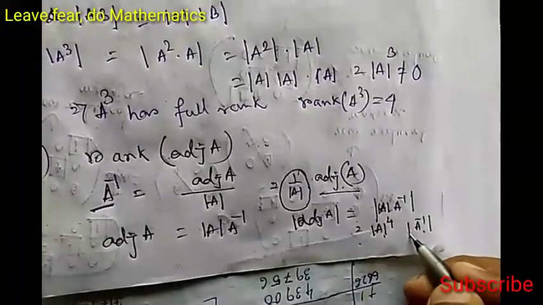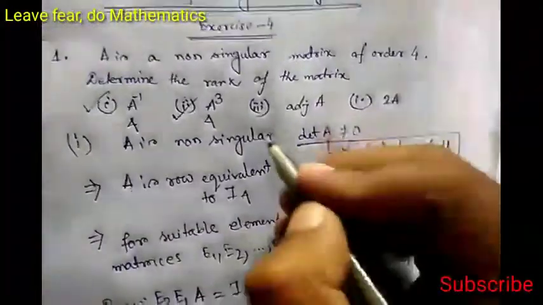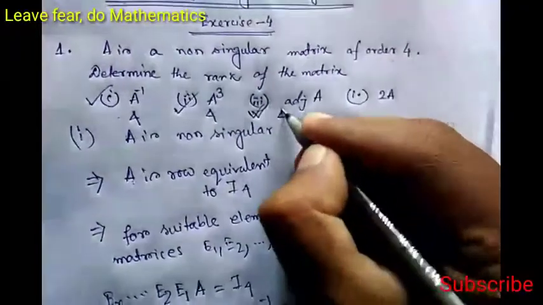Det A to the power 4 is non-zero, and det A inverse is also non-zero, since we proved earlier that A inverse has rank 4. So adjoint A has rank 4. This option is also proved.